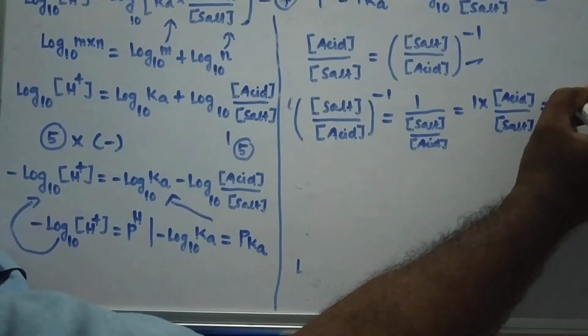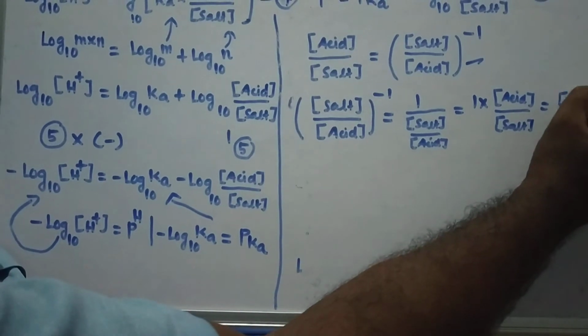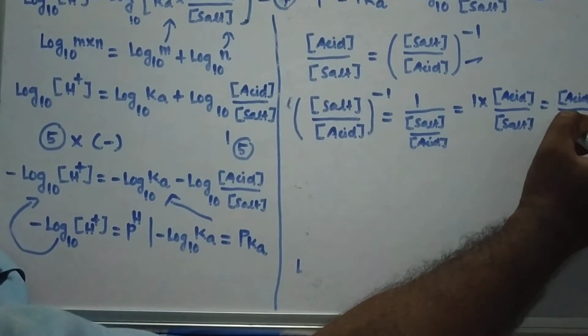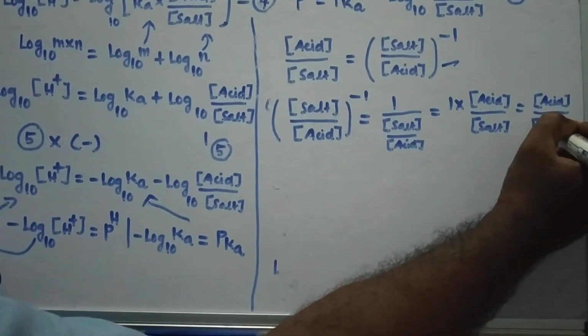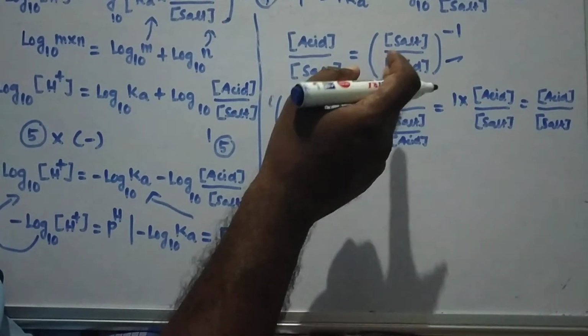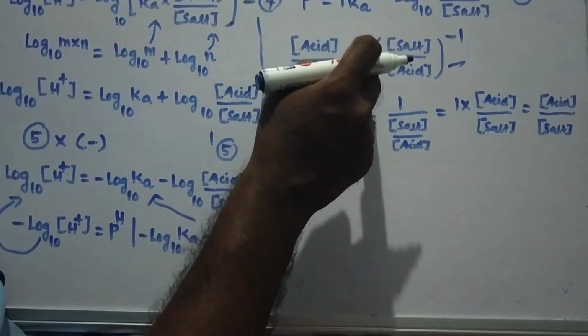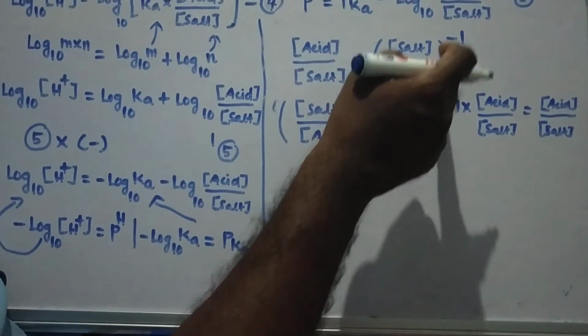So it's equal to concentration of acid over concentration of the salt. Okay, if you reverse the numerator into denominator and denominator into numerator, then you get the negative power.